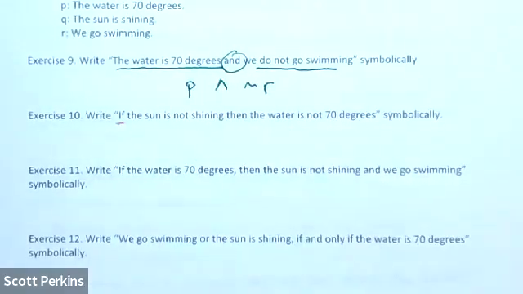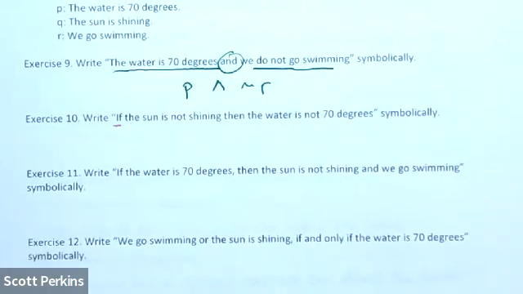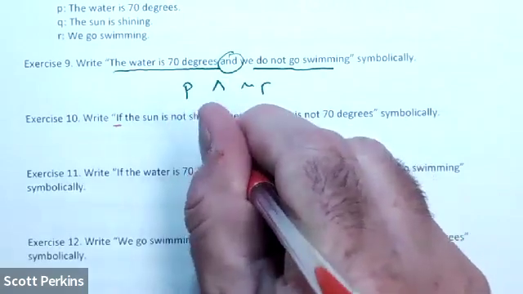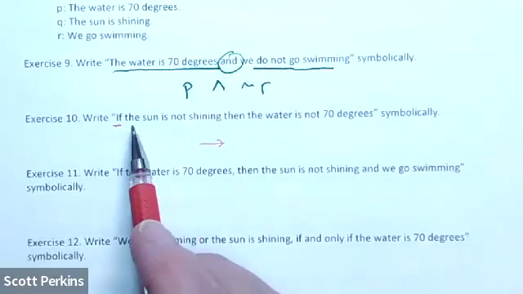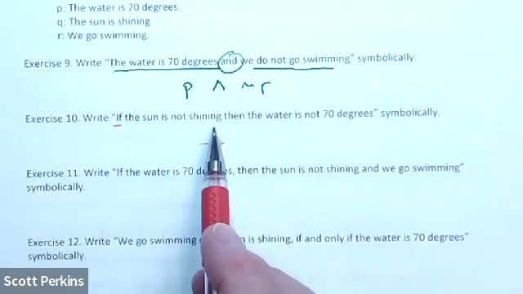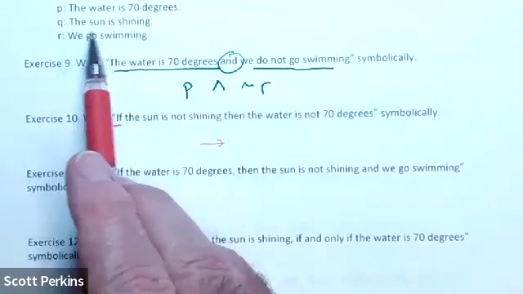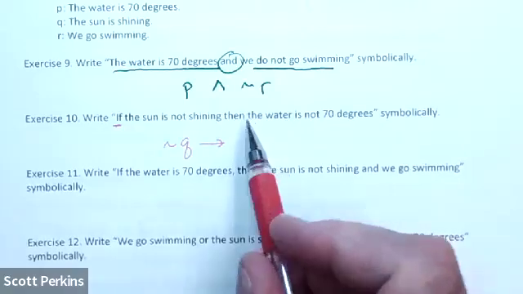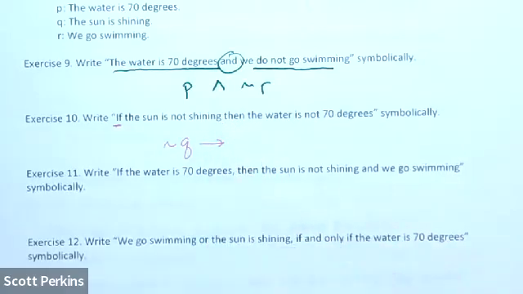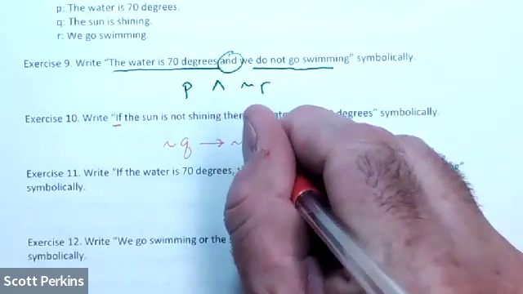When it starts with the word "if," what kind of statement is it? A conditional, so I need an arrow. "If" means arrow. Now, the sun is not shining. This is the condition. The sun is shining is Q, so that's squiggly Q. Then, moving to the other side of the arrow, the water is not 70 degrees. P is the water is 70 degrees, so that's squiggly P.